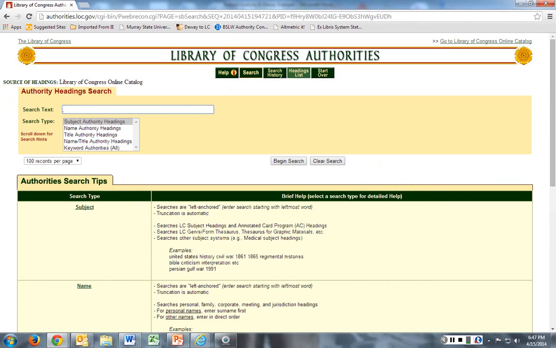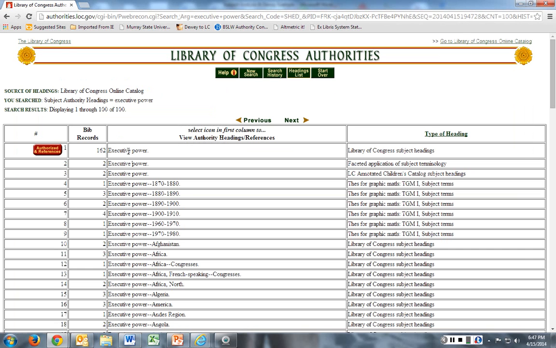So let's try executive. I'm going to try one of the powers. Executive power. Oh, I have one. Oh, and it is an LC annotated children's catalog subject heading. So I could use executive power. I only have 3 branches here. I could see if the other 2 had something and use all 3.